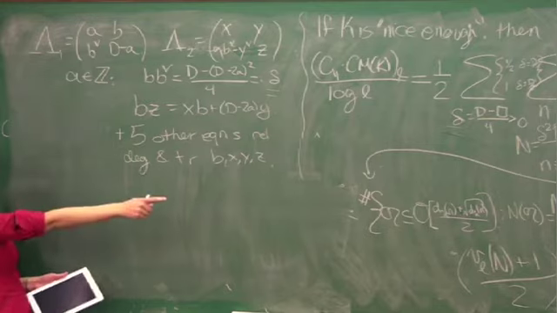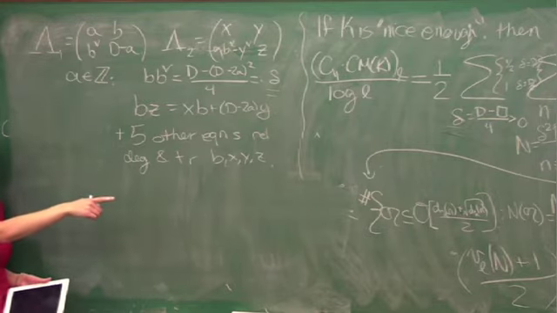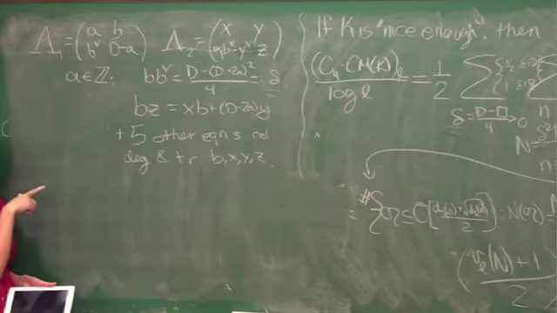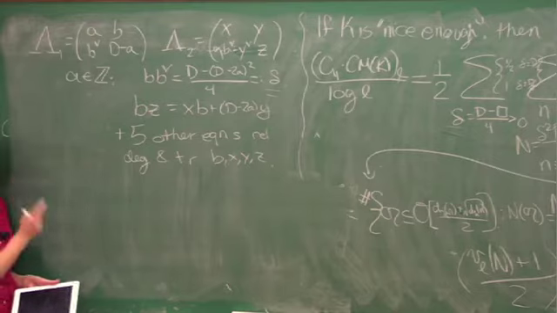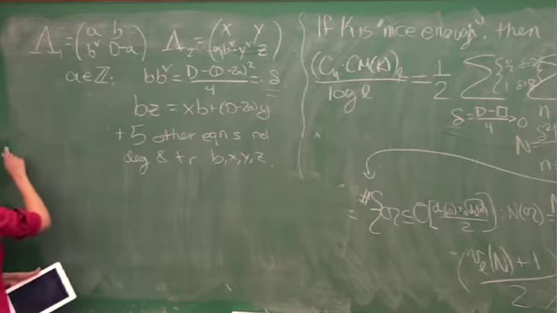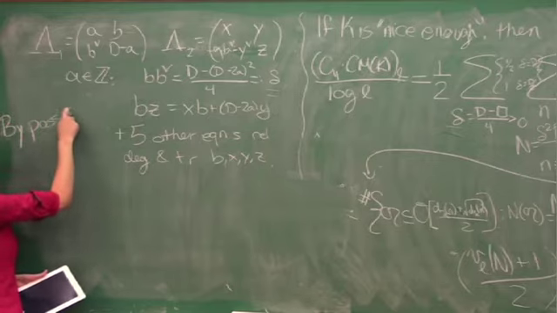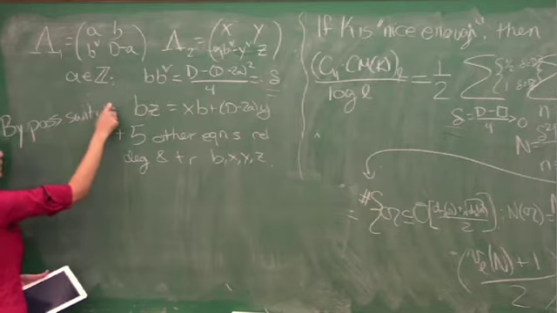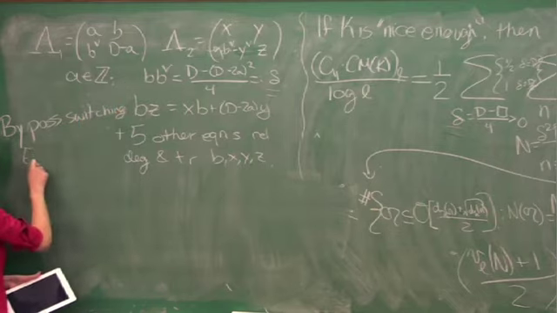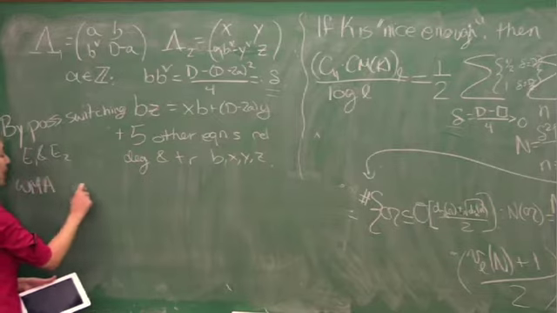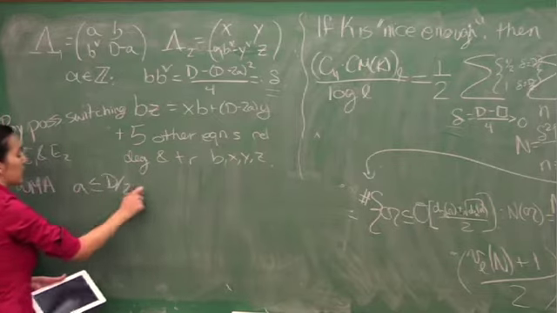But I made a choice here when I wrote it in this matrix form. I mean, I picked which elliptic curve was E1. So if I switch E1 and E2, then that will switch the roles of a and d minus a and x and z. And so by possibly switching E1 and E2, we may assume that a is less than or equal to d over 2.